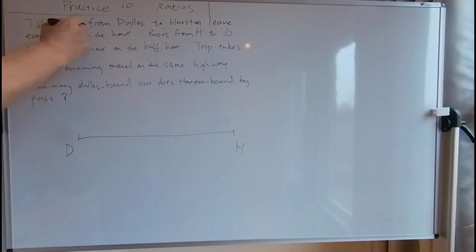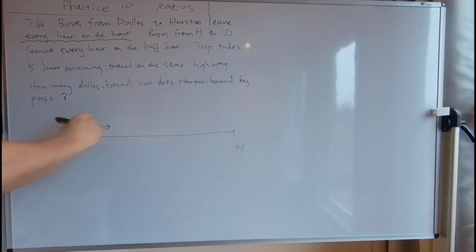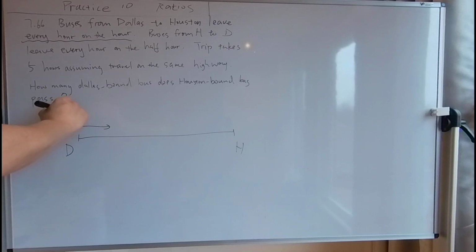So the bus departs from Dallas, leaves every hour on the hour. That means the buses traveling eastbound from Dallas to Houston leave at every rounded hour, for example, 8 o'clock, 9 o'clock, 10 o'clock, 11 o'clock.